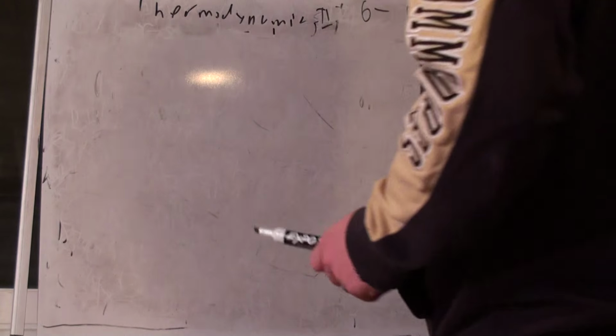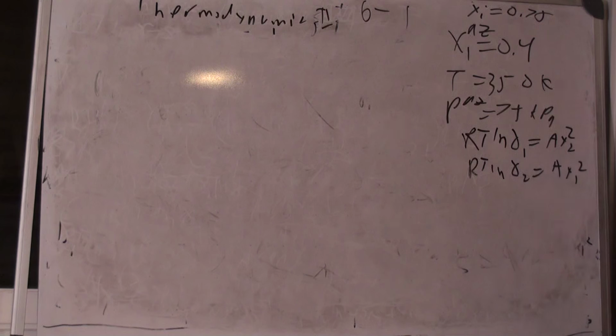Okay, so I can have my algorithms in mind, but really at the core of these problems, whether I'm doing bubble pressure, bubble temperature, dew temperature, flash, phi, it doesn't matter. It all boils down to what are my equations, what do I know, what don't I know, and what do I have values for?